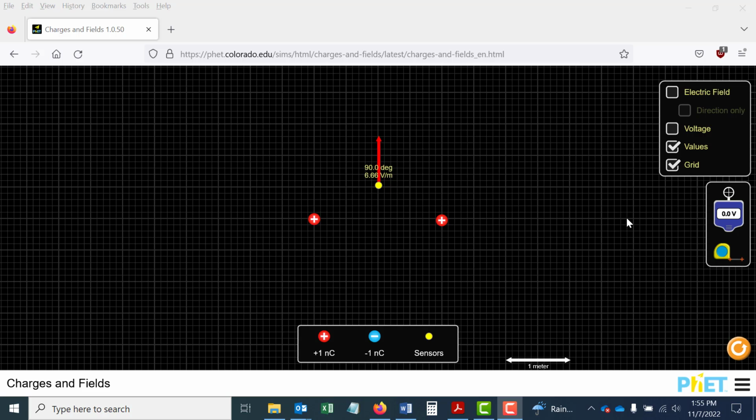In question 4, they want you to remove one of these positive charges and replace it with a negative charge instead. And again, you're going to map out the electric field. So grab your sensor, move it all around the screen, and draw in arrows for a variety of distances and angles. And then again, they do want you to put one sensor in one particular location when you do this, and that is right in between these 2, so like that.